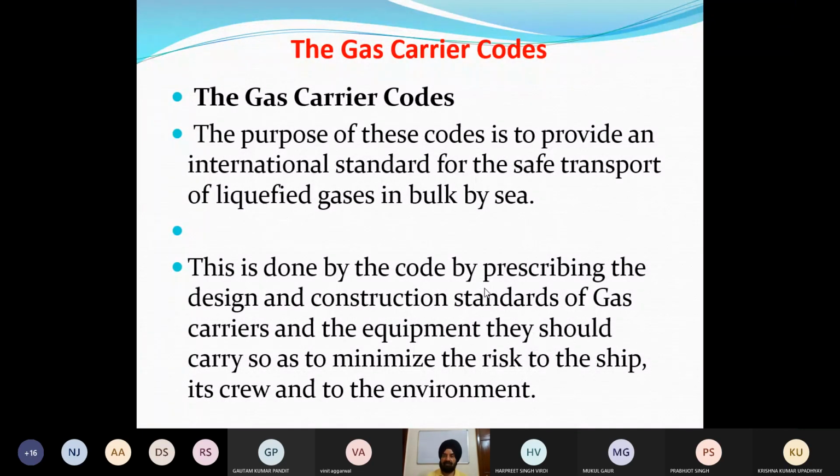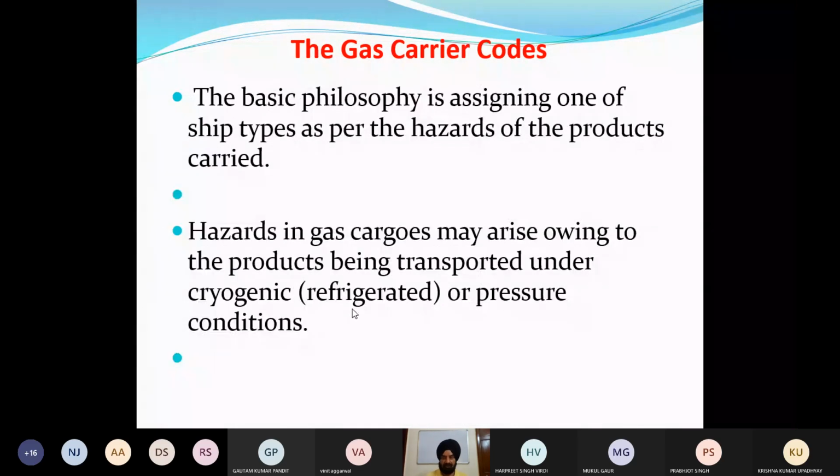Now after a lot of research was done that how these gases can be carried, now we have seen that instead of carrying them in a gaseous state, these gases are converted to the liquid, and then these liquid gases are carried in tanks. So hazards in gas cargoes may arise owing to the products being transported under cryogenic or pressure conditions.